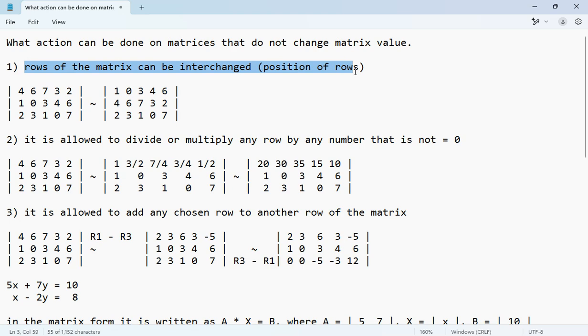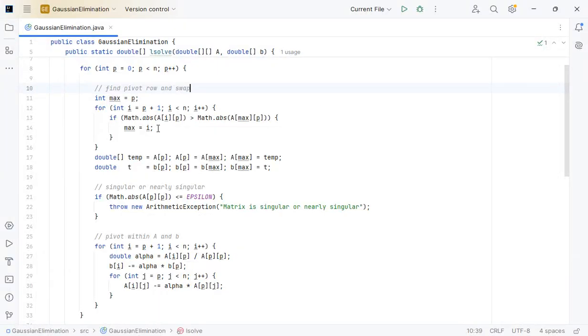This will not change the matrix meaning, so the matrix will be equivalent. Here I give an example: if you have initially this matrix, you can change, for example, the first and second rows, and you get an equivalent matrix. This is the sign of equivalence. Understandable? This is what we can do.